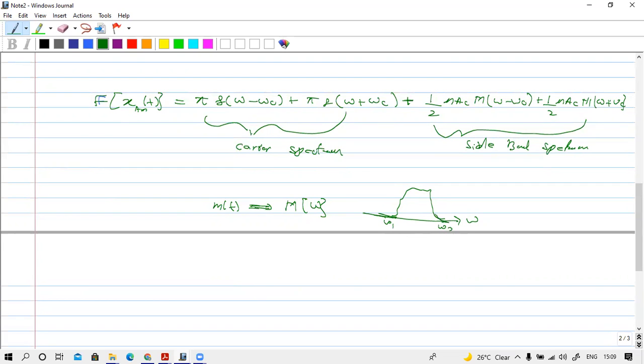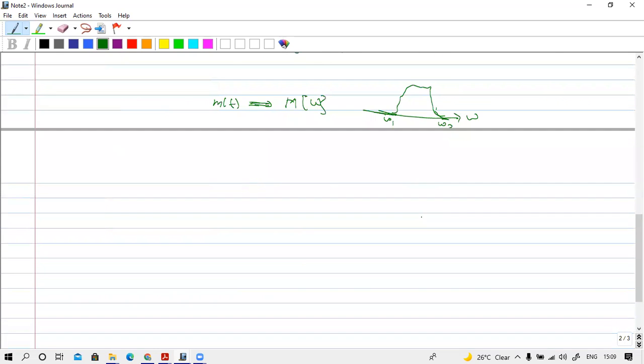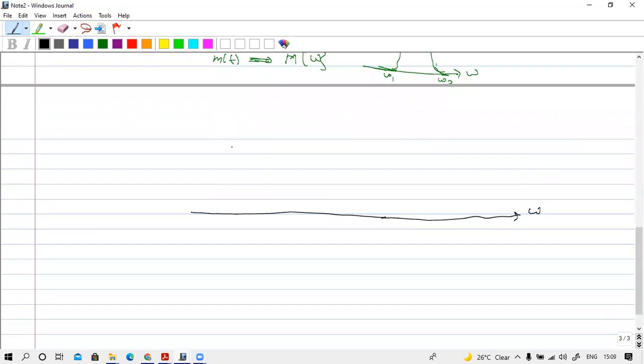So if we draw the frequency spectrum of this general signal, this is omega, and this is 0.